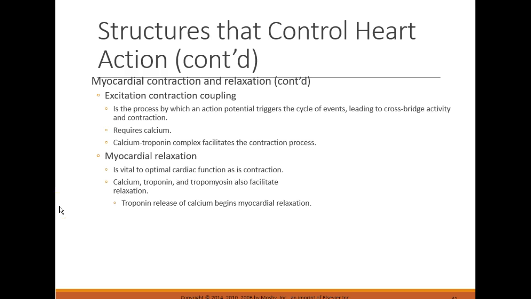This is also talking about some of the processes that go into creating that contraction. And you can see that you've seen calcium here several different times. That's why it's so important to keep calcium levels high in our patients.